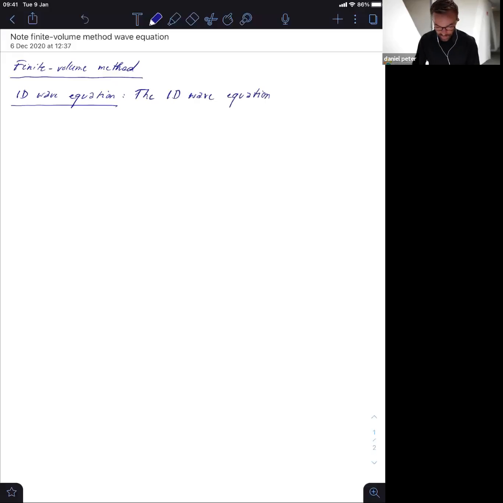You have seen that quite a bit, so let me just put it down. We have density rho times the acceleration. S here is displacement.